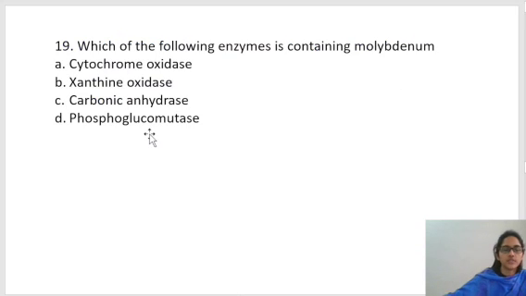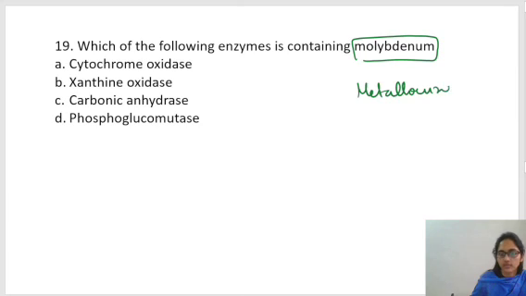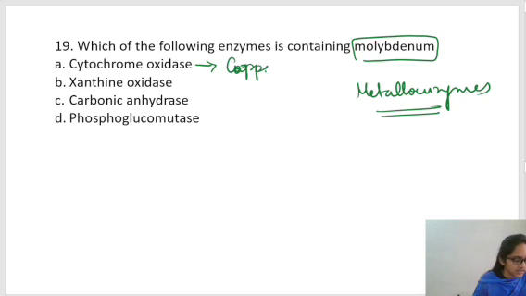One more question: which of the following enzymes contain molybdenum? Here you have to learn about metalloenzymes. Cytochrome oxidase contains copper.